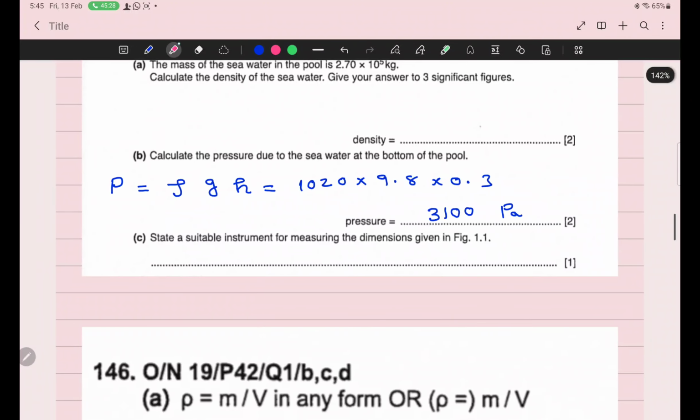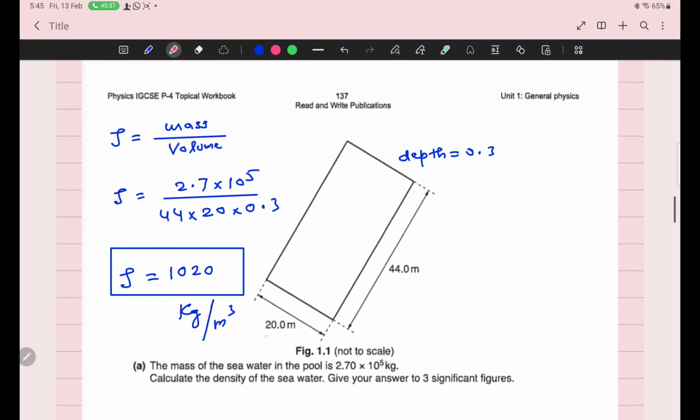अच्छा बेटा, now the last part, state a suitable instrument for measuring length and breadth. Sir, length and breadth are too large, 20 meter, 44 meter. Okay. So we cannot measure by micrometer, by vernier caliper, by meter rule. We cannot use.